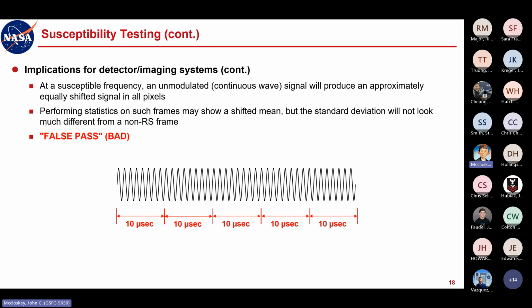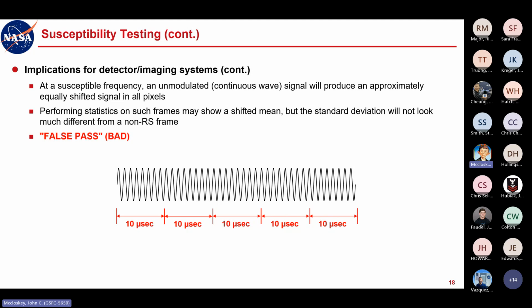And it was because of this very thing: because a CW signal was causing the same shift in all the pixels, the statistics were not showing it. It was giving us a false indication that there was no susceptibility or no interference. So this was a false pass, which to me is beyond bad.